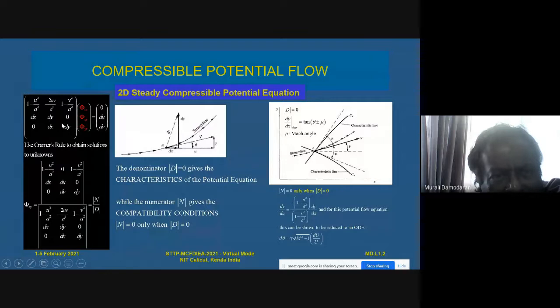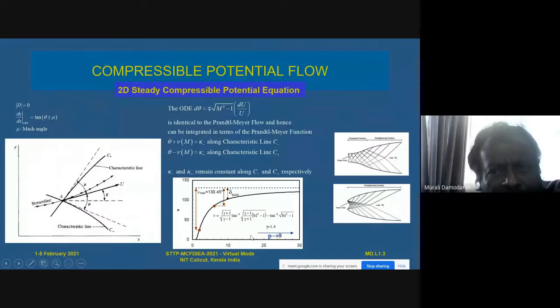And the numerator, if you set it to 0, that will only happen if the determinant of D is 0. Then you require the determinant of N to be 0. That will give you the compatibility conditions. Okay, so if you go and find from here, you will get along the characteristic line, the whole PDE actually reduced to an ODE of this sort.